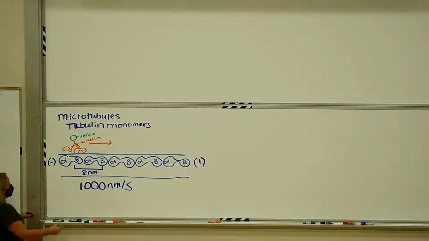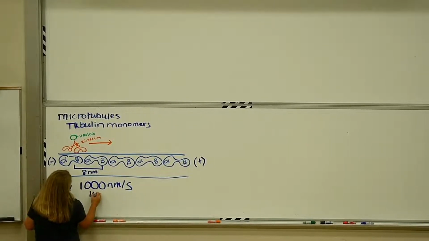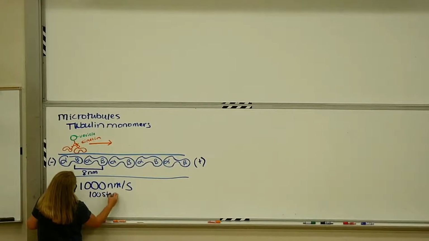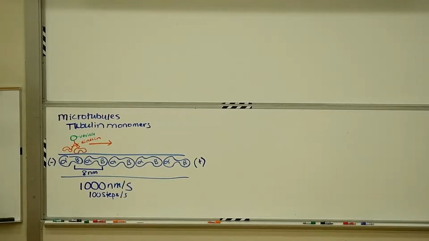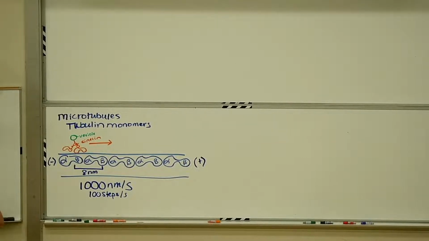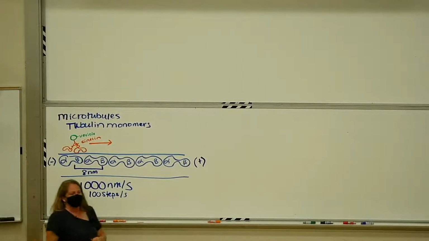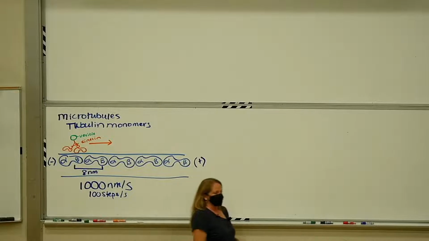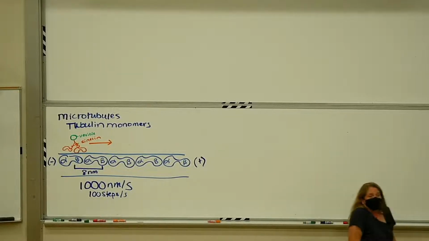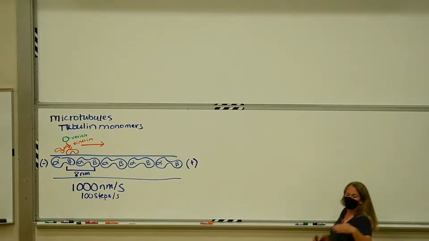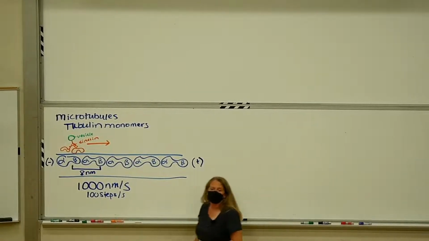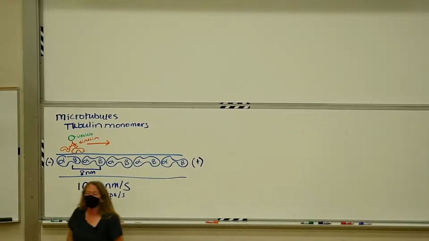Really rough math here. That's like 100 steps a second. I had to double check that because I'm like, somebody did math wrong. There's no way. How do you move 100 steps a second? They're fast. Kinesin is really important, and so it has priority. It is the fastest of the ATPases that we'll talk about.